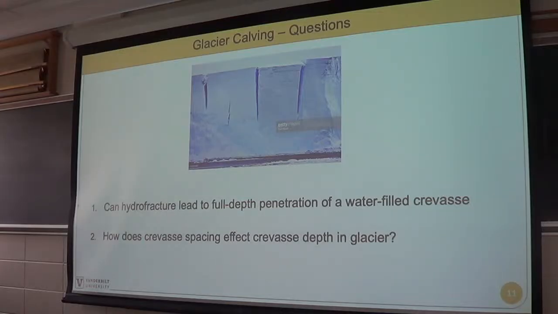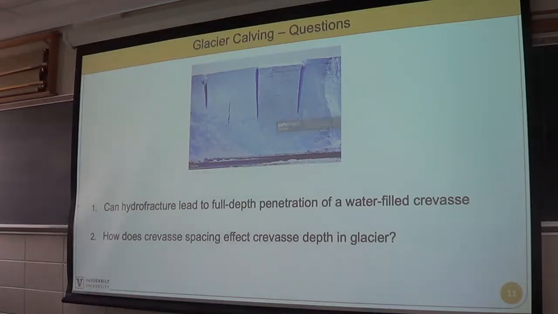And in this case, the question that we addressed was, can hydrofracture, that means when you have cracks like this, surface water, meltwater goes into these cracks, can it drive these cracks all the way down, full depth? And this is not a new question. It has been addressed in various different ways and using analytical methods, a few decades ago.